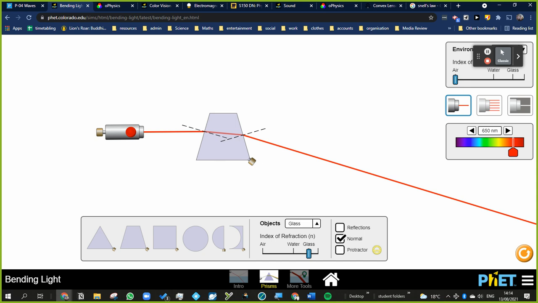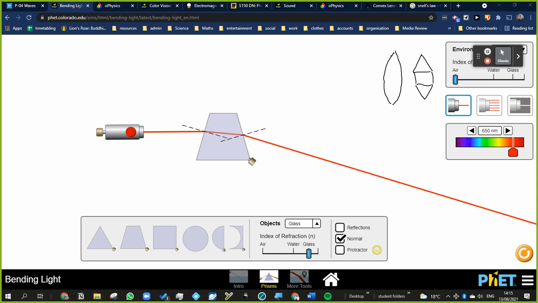Imagine we had a lens like this. If I drew a basic version of that lens, you could imagine it could be drawn like this. So it could be made up of a cube and then two triangles.